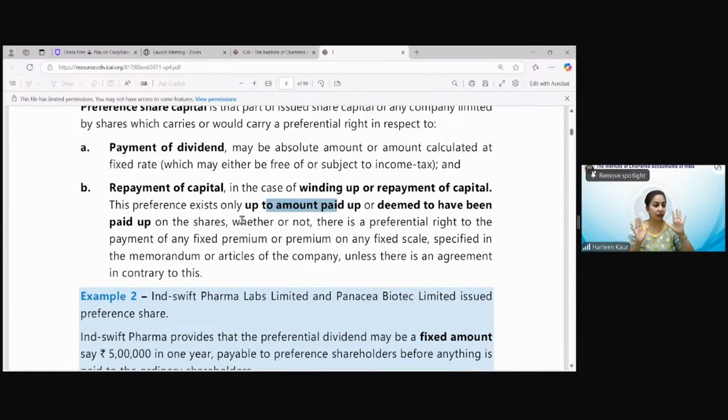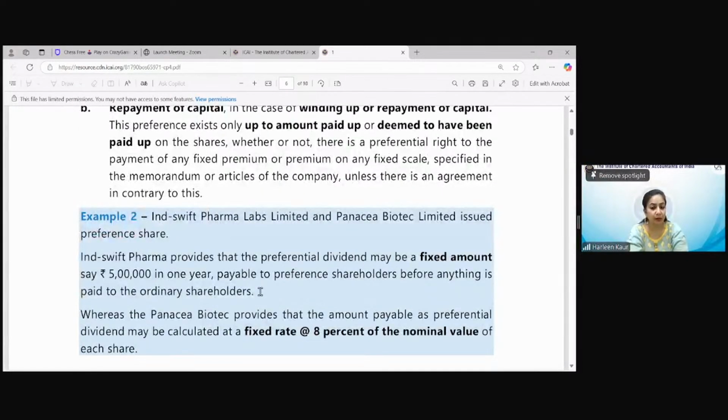So there were 5,000 preference shares of the value of rupees 10 each. So it is 50,000 share capital, but actually the holder has only paid rupees 8. So 5,000 into 8 is 40,000. Now when you have to repay the share capital, you will pay 40,000 or 50,000, tell me? Absolutely correct, ma'am. We will pay 40,000. The paid up amount will only be paid back.